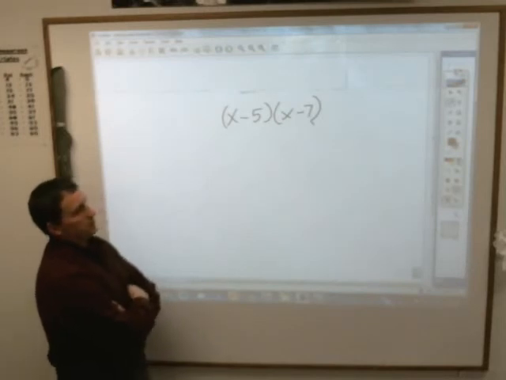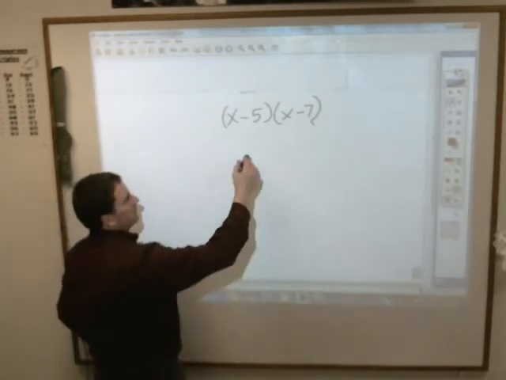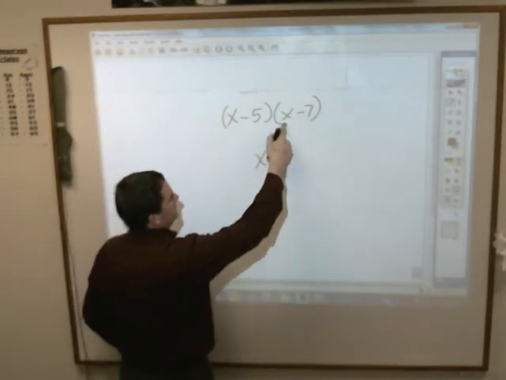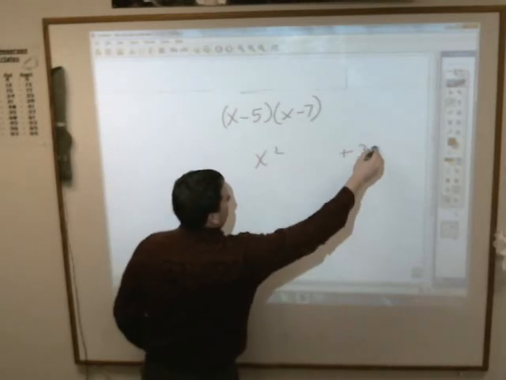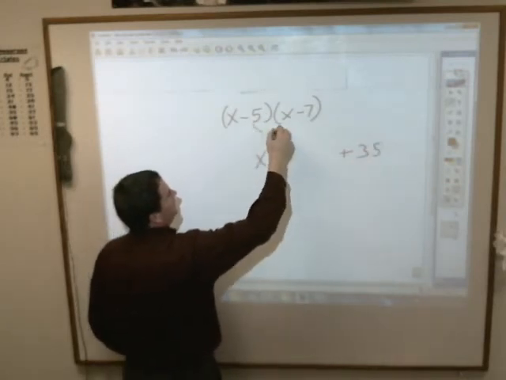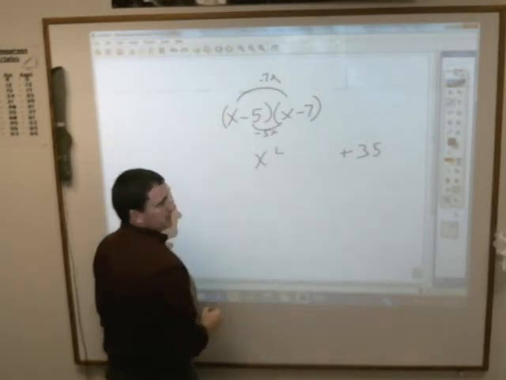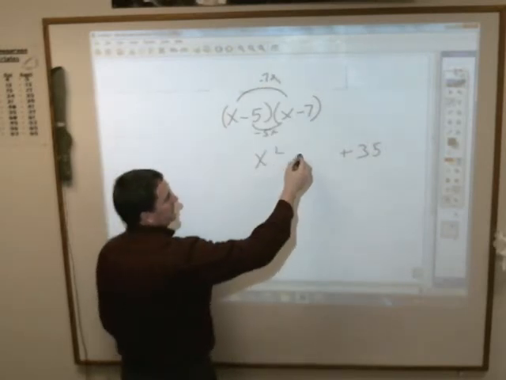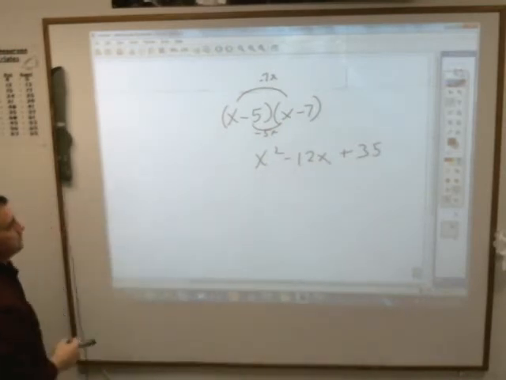You're close, it's x squared minus 12x. X squared because of these two, positive 35 because this times this is a positive 35. Your middle term comes from a negative 5x and a negative 7x. Negative 5 and a negative 7 is a negative 12x. I was thinking 5 was positive, so I got negative 2.